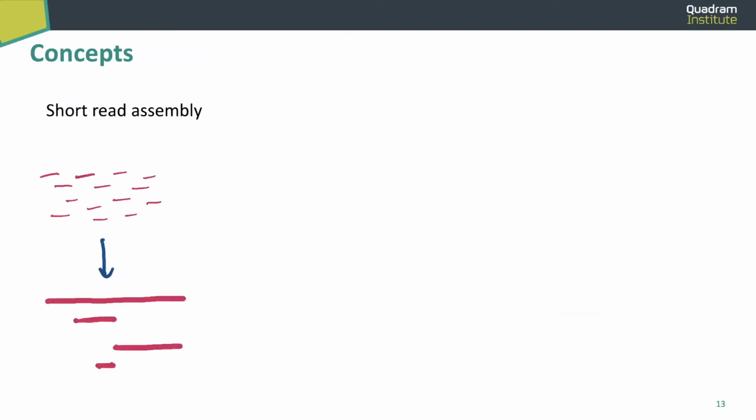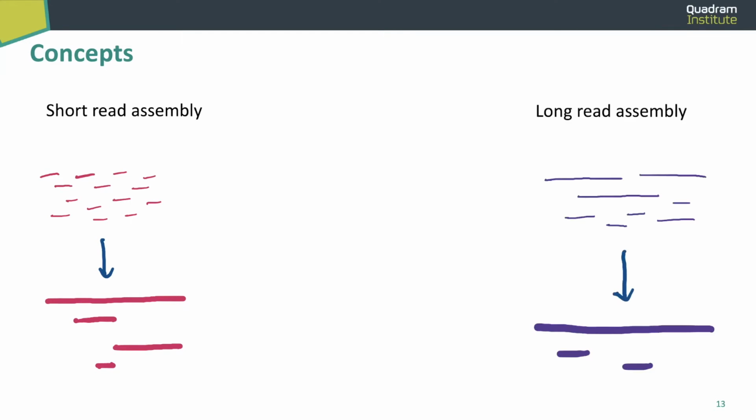Most phages have been sequenced with short reads. So then you have short reads to assemble into either one contig or multiple contigs. You can also do long read assembly. So your reads are longer and you would usually use a different tool to assemble them.